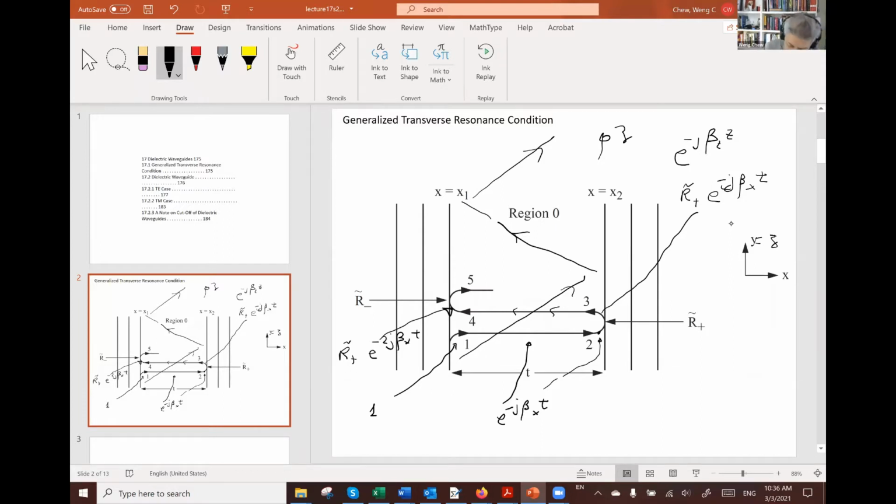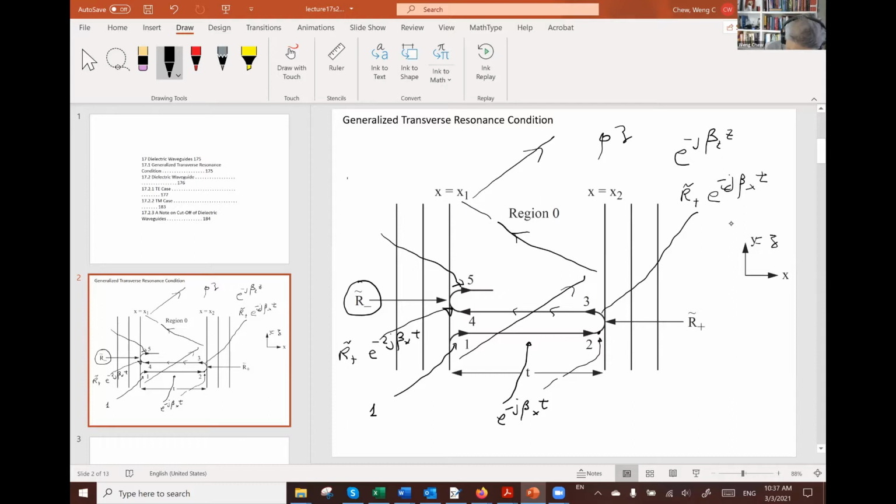Okay, and by the time the wave gets reflected one more time over here, it will suffer another generalized reflection coefficient, which is the reflection coefficient due to multiple reflection within the layered medium.